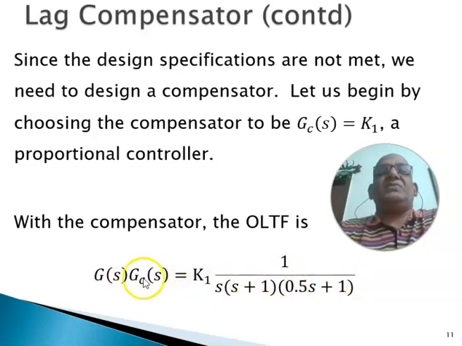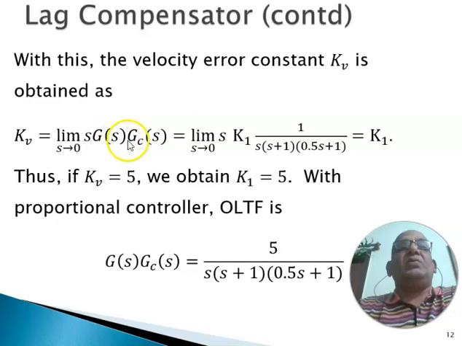This is the transfer function of the compensator, and this is the transfer function of the plant. With the open loop transfer function given here, you find the velocity error constant Kv, and it turns out to be K1. So if we want Kv to be 5, this K1 should be 5.